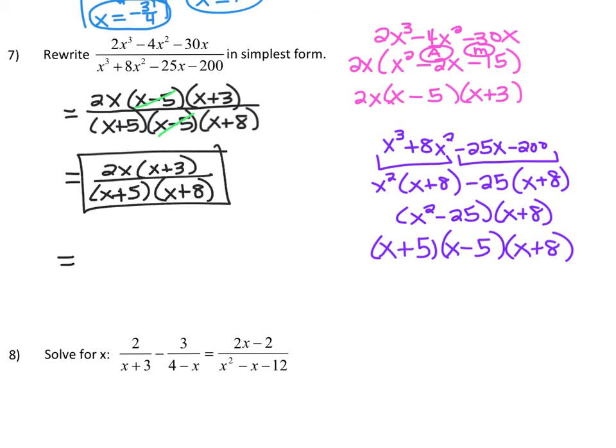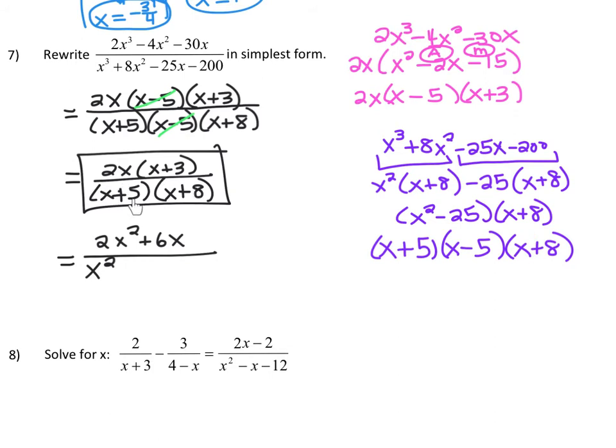Or if you want to distribute the 2x into the parentheses, you'd have 2x squared plus 6x, and then over, you could double distribute this at the bottom. So x times x is x squared. I'm going to combine two steps in one here. X times 8 is 8x.